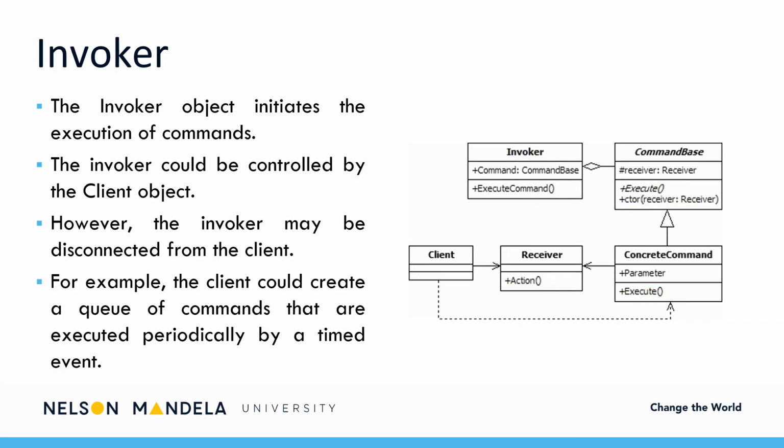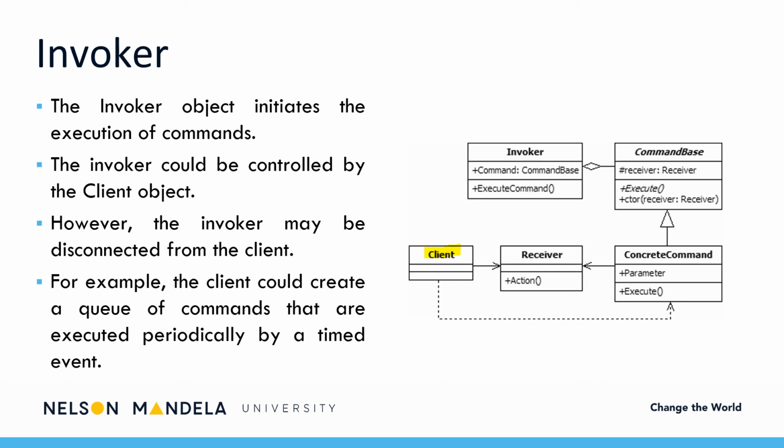Now lastly, let us look at the invoker class or object. This initiates the execution of commands. It holds a command at some point, and then it asks the command to carry out a request by calling its execute method. The invoker could be controlled by the client over here, so whatever the client says the invoker should do, it does.